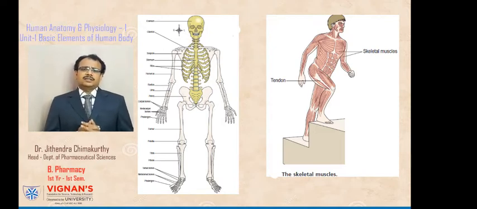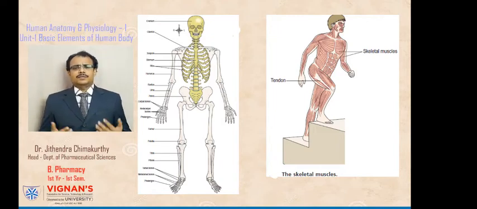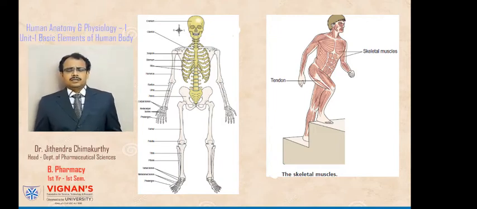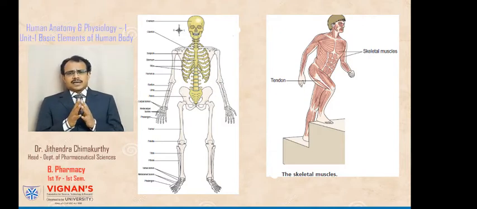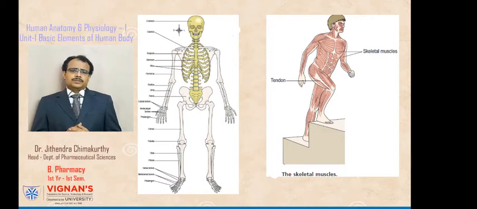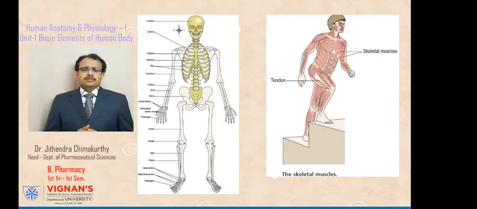Hence, you will be studying the various bones in the body, the various muscles, and how the muscles are attached to the bones, and all of this will be studied in unit 2.